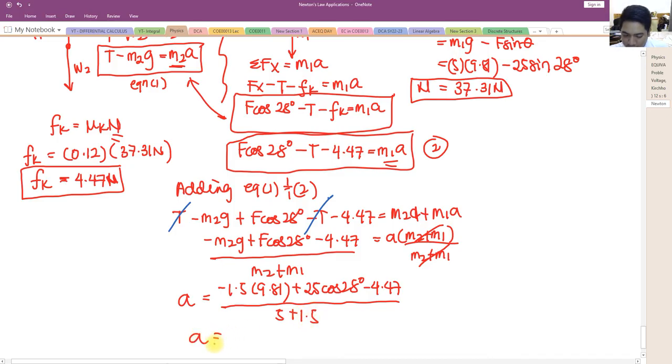If we do this in our calculator, we'll be getting 0.44 meters per second squared.